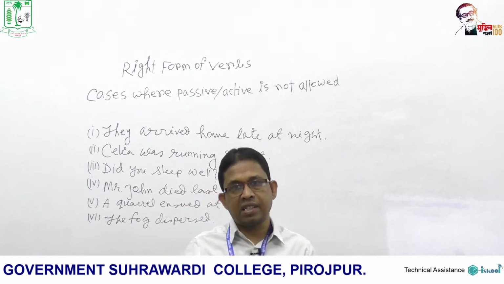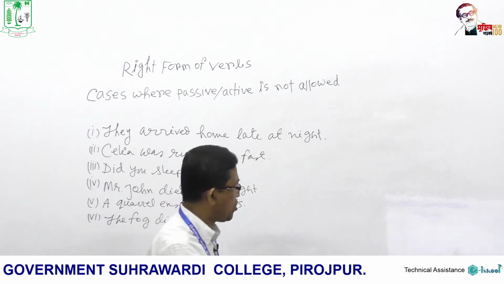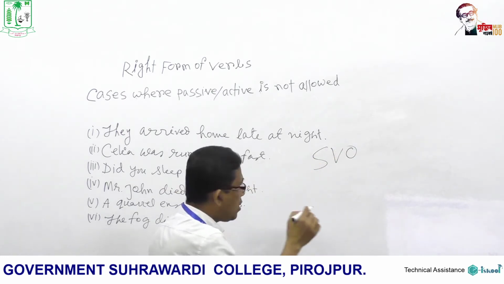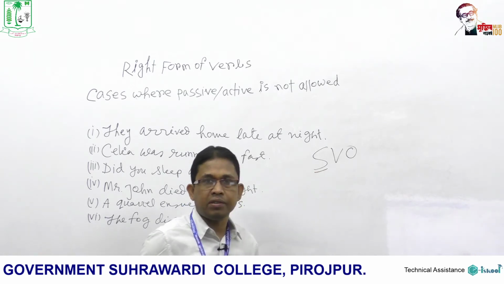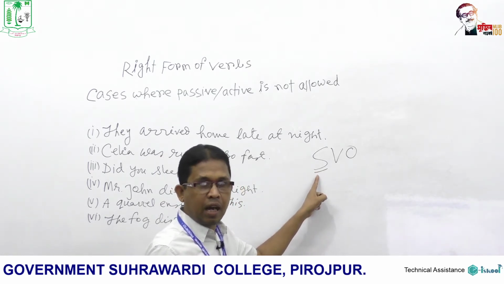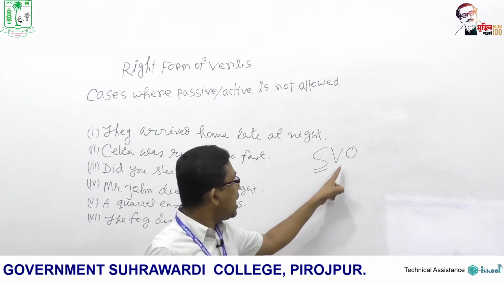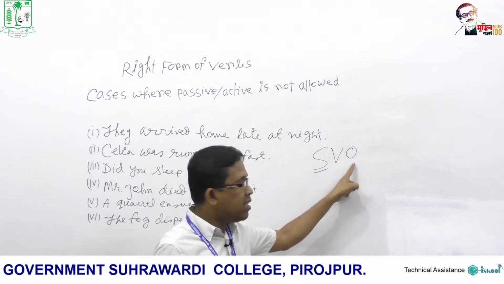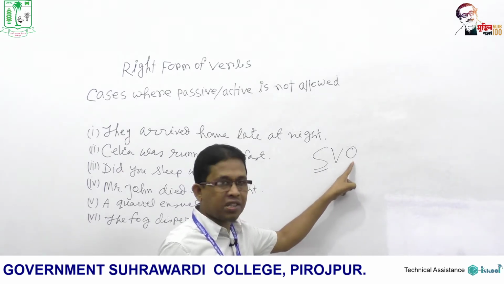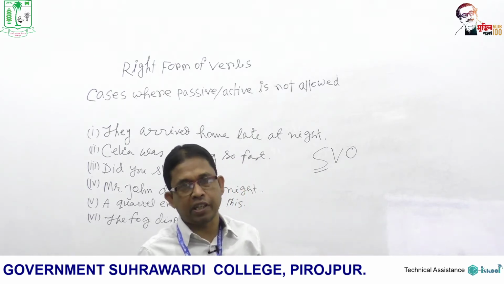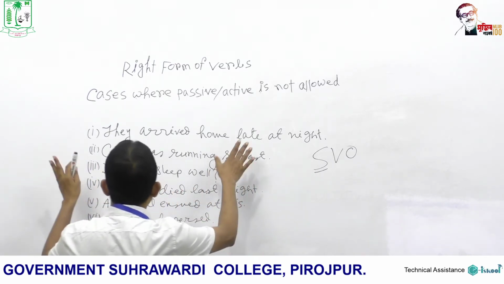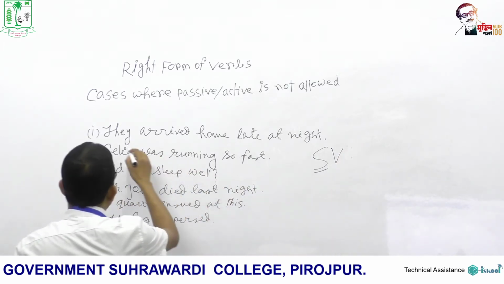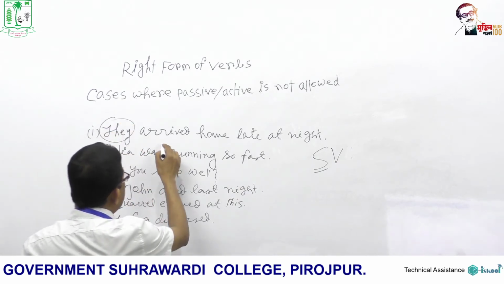English is an SVO language. It is said frequently that English is an SVO language. That is, in English basic structure, subject comes first, S for subject, and then V, verb, and then O for object. So, subject, verb, object. This is the basic structure of English. But we do not get any object here. We are getting here only SV. They is the subject, and arrived is the verb.